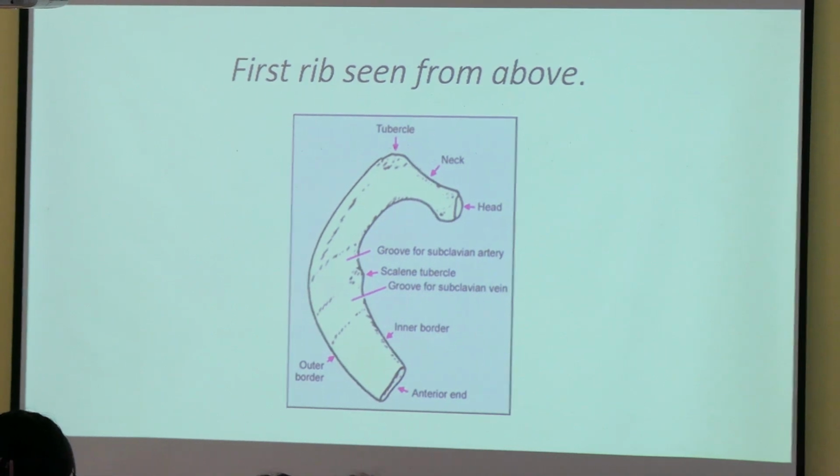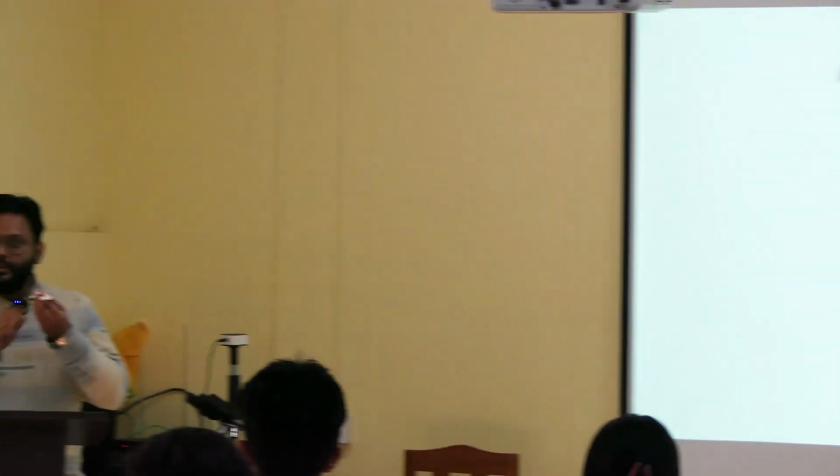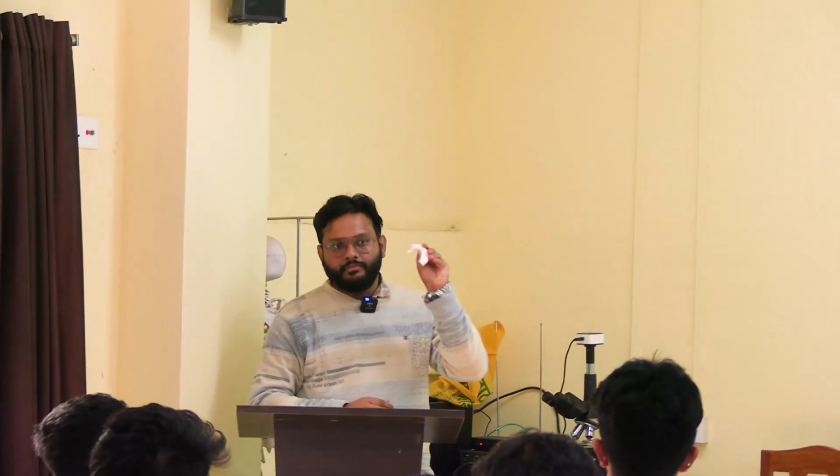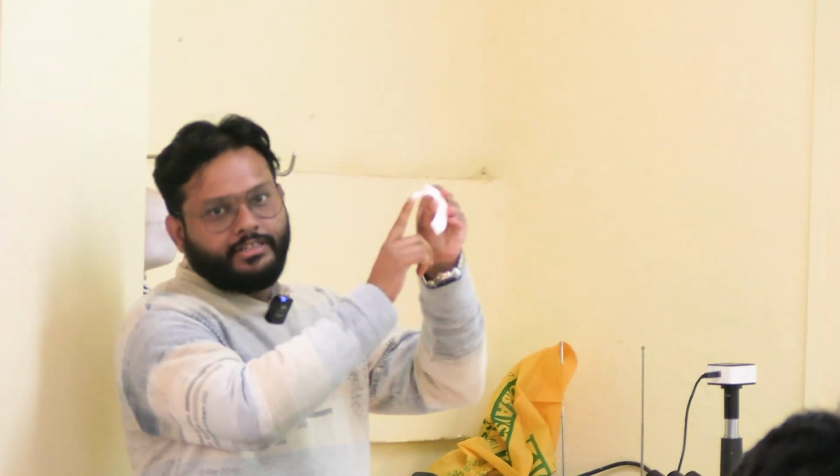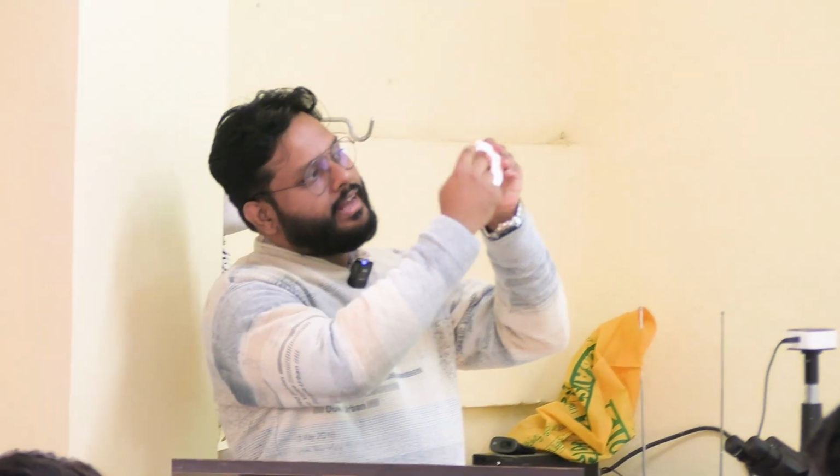Now, if this is your bone, if this is your first rib, what part is this? Head. This one? Neck. This one? Tubercle, right? This one is the anterior end, connected with the costal cartilage. The head portion, this facet, articulates with the vertebra, right?